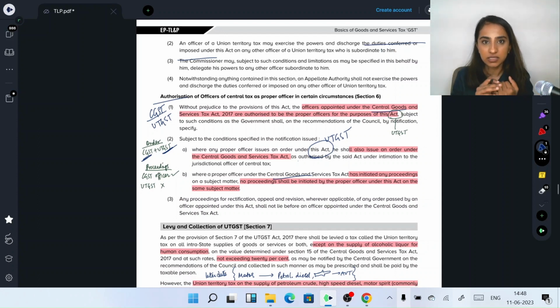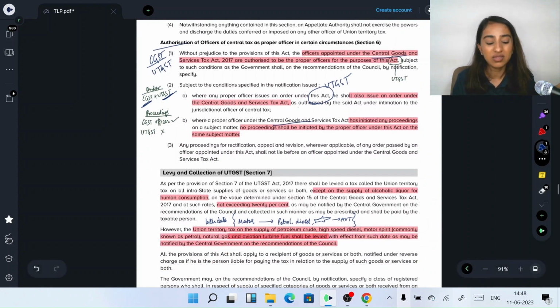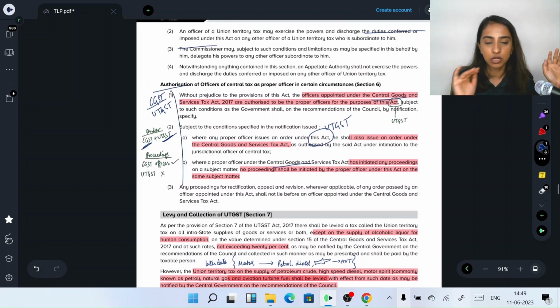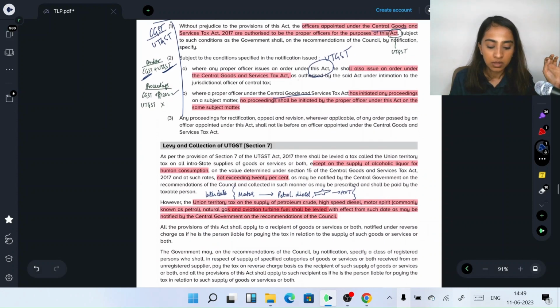Understood? If CGST officer has already initiated a proceeding, then a UTGST officer cannot again initiate that proceeding, is what they're trying to tell you here. All these are very, very administrative type of sections. Not very, very important, I can say, but it is good to know. So you can just put a summary like this and just run your eyes through a day before the exam.